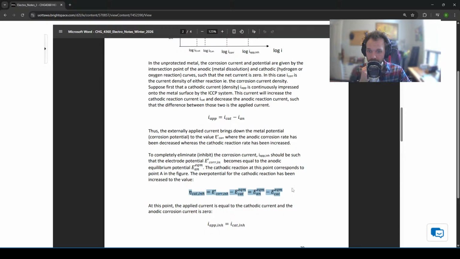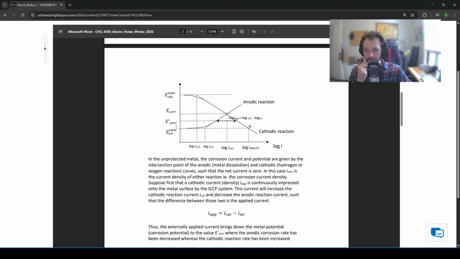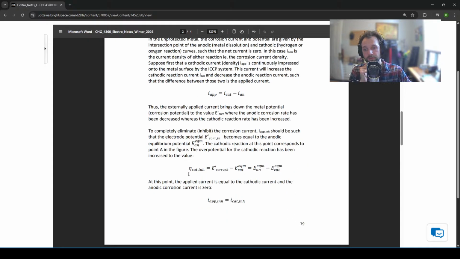Basically, once we increase the current enough, the inhibition current is what is required to bring the electrode potential down to be equal to the equilibrium potential of the anode. And once we're there at that potential, the anode reaction doesn't happen because it's at equilibrium.